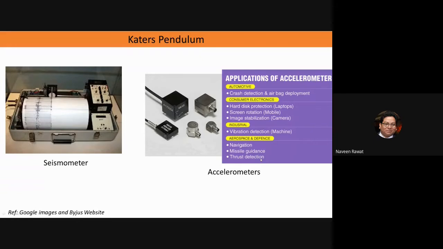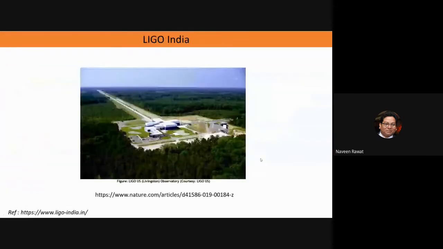I just want to make you aware that pendulums are good, but in the last 20-30 years we have moved on from pendulums, and now we are using a Michelson interferometer setup to actually measure these things. And I wanted to make you aware that India is now planning to build an observatory for detection of gravitational waves.